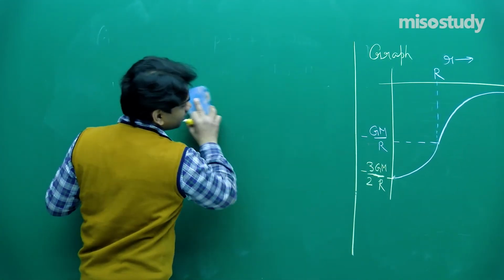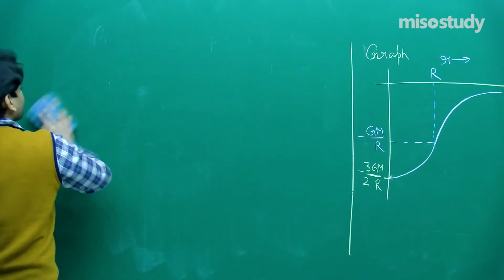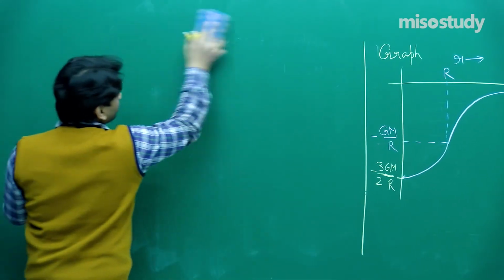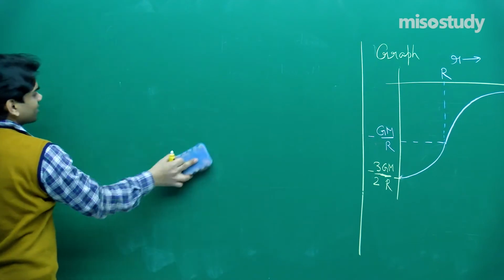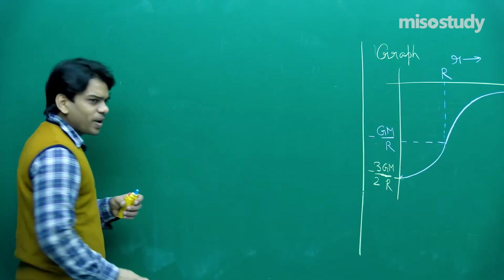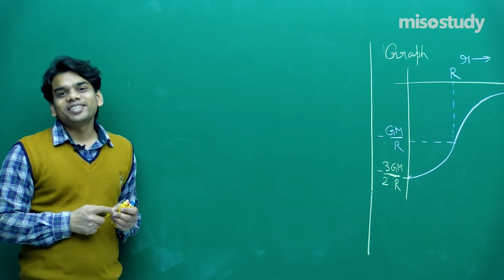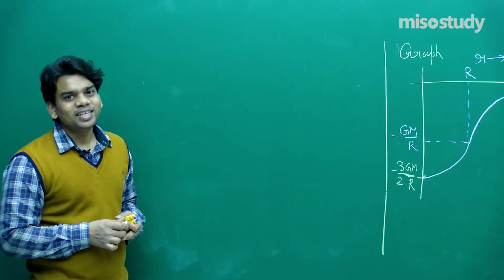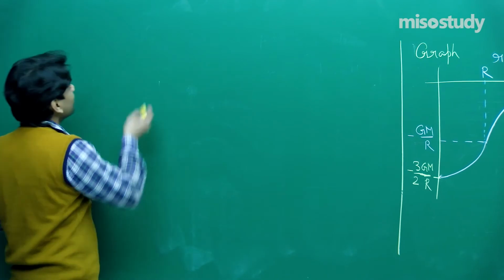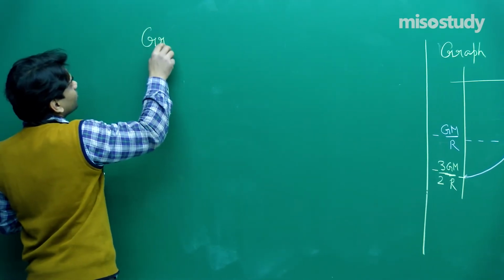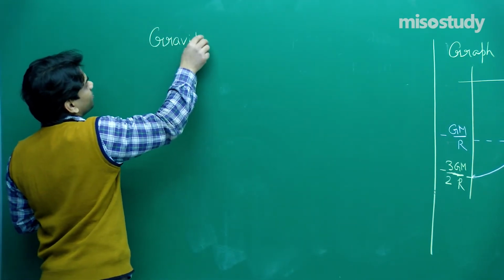Gravitational potential due to earth, we will be using the same concept because we can treat earth as a solid sphere. Although the mass of the earth is not uniformly distributed, to give the potential we will treat the mass as uniformly distributed in case of earth.